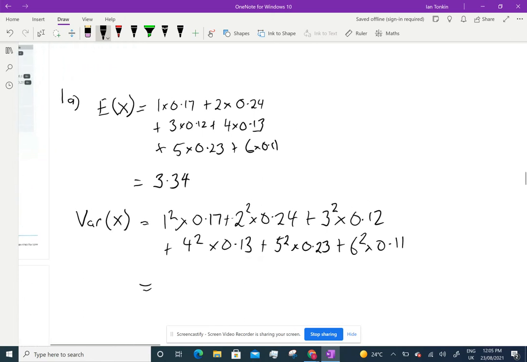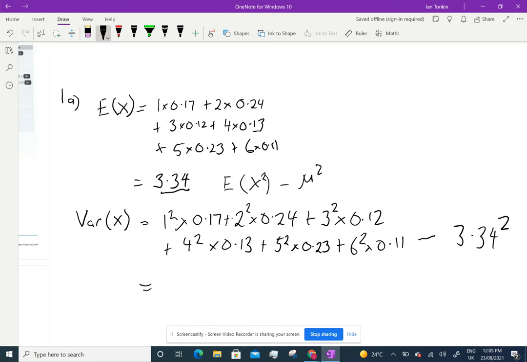Oh, hold on. Minus this squared, 3.34 squared, because I've got the expected value of the squared minus mu squared.